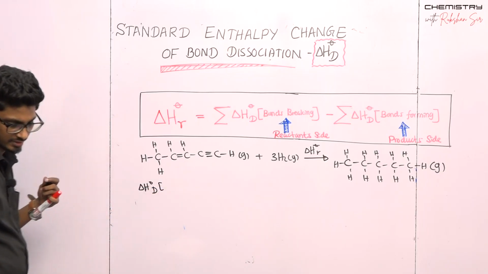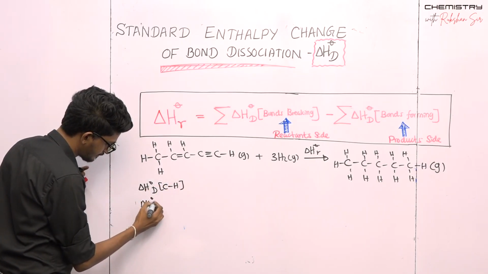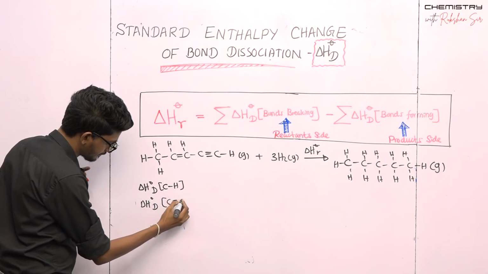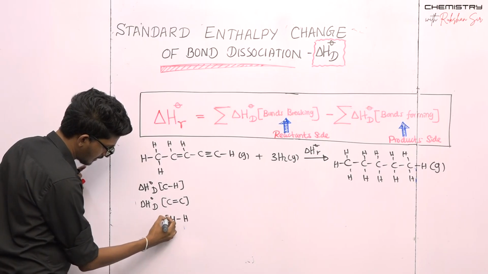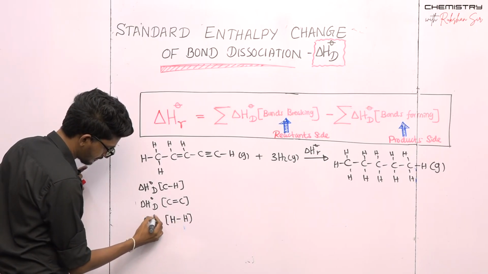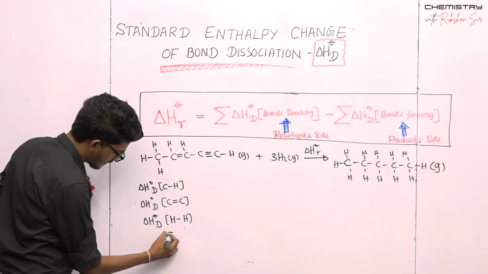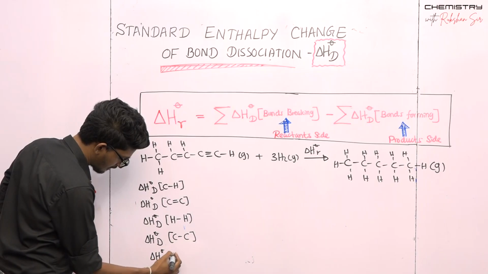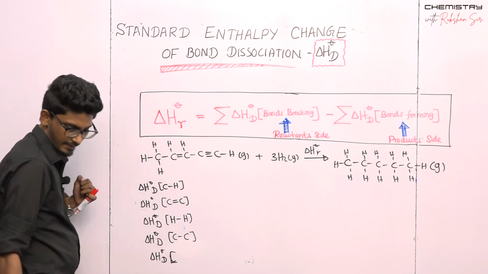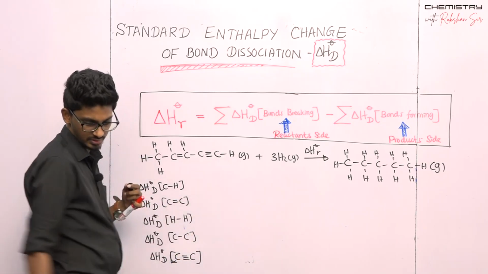D values of a few bonds are given: C-H, C=C, H-H, C-C single, and even the D value of C≡C triple is given.